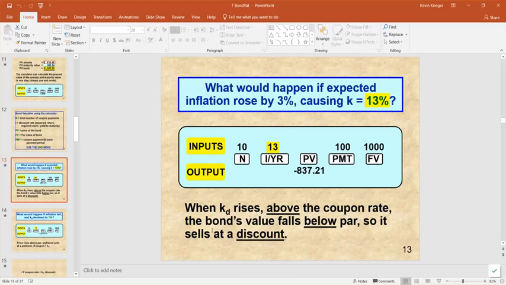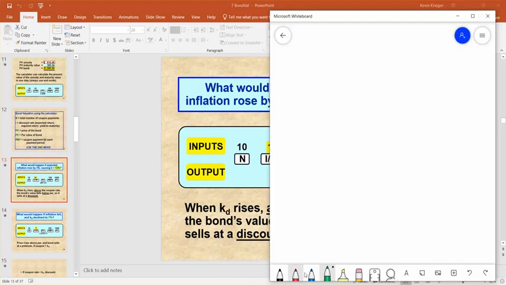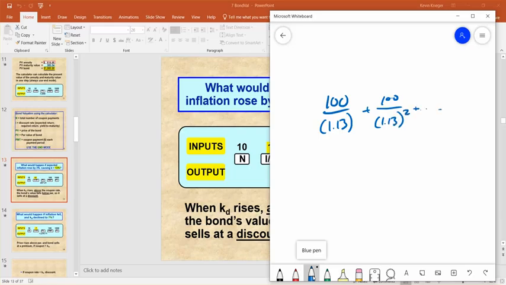Why is it less? Well, I have two reasons for you. The first reason is, hey, we have the same payment structure, but now we're not dividing by 1.10. We're dividing by 1.13, and that's the case for all of our coupons and our big lump sum.